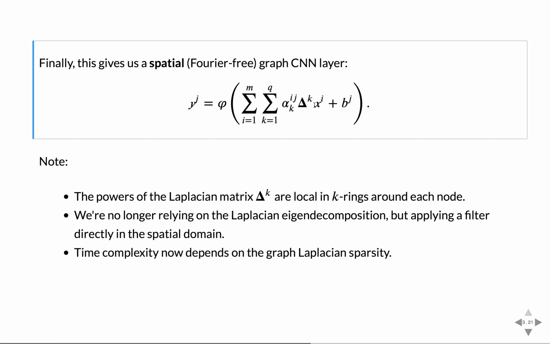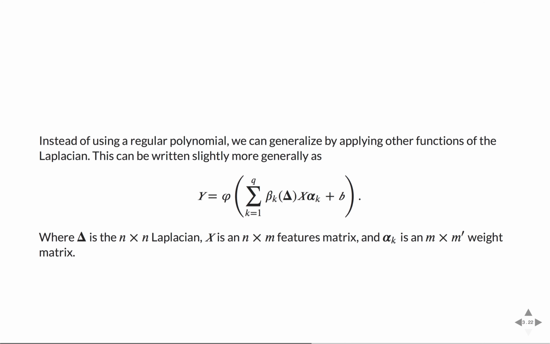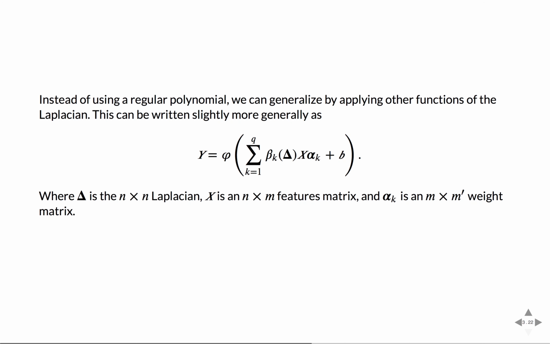Now you still have an n by n matrix to multiply, but arguably, as opposed to the eigenvectors matrix that we had before, the Laplacian might be sparse. It depends on the graph. It might be a very sparse matrix, so you might get some computational benefit from that. Okay, so this is our spatial version.